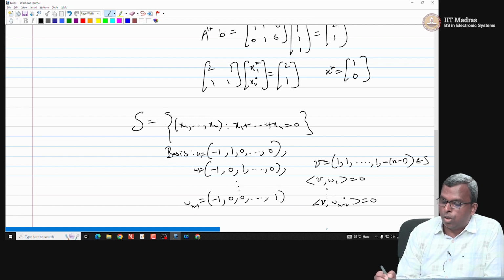All of these are 0. So v is orthogonal to all of these. That's a bit interesting, but all of these are not orthogonal to each other, so it's not clear how Gram-Schmidt will efficiently work here.